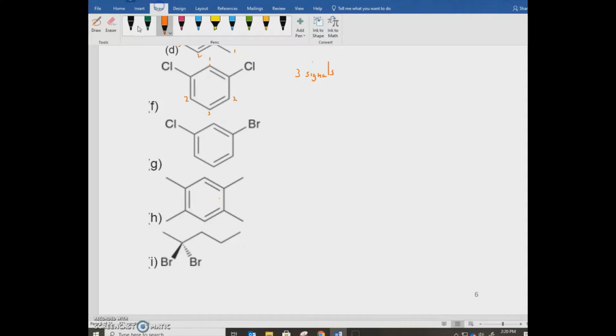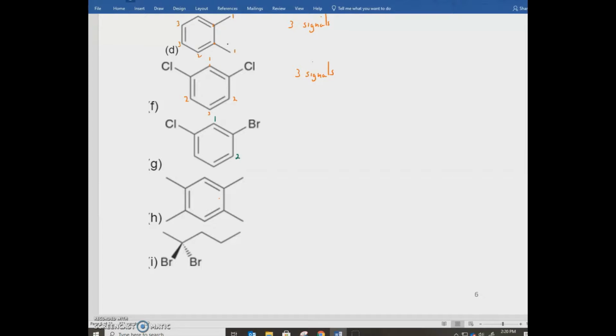I'm going to change colors so we know which ones we're naming. The proton here will give off a signal. The proton here will give off a signal. It's not the same as the proton on the other side because we've got chlorine on this side and a bromine on that side. So this one will be a 3rd signal, and this one will be a 4th signal. So there'll be 4 signals for this compound.